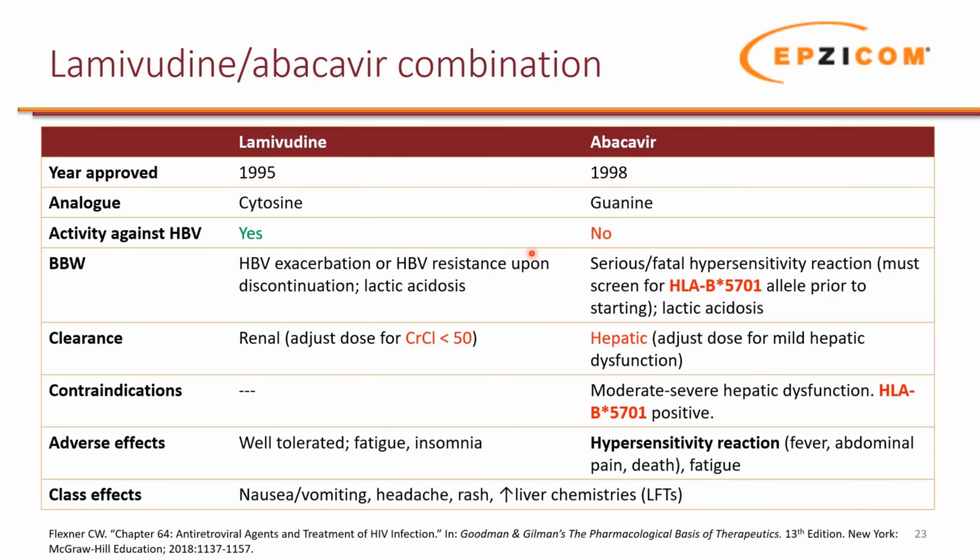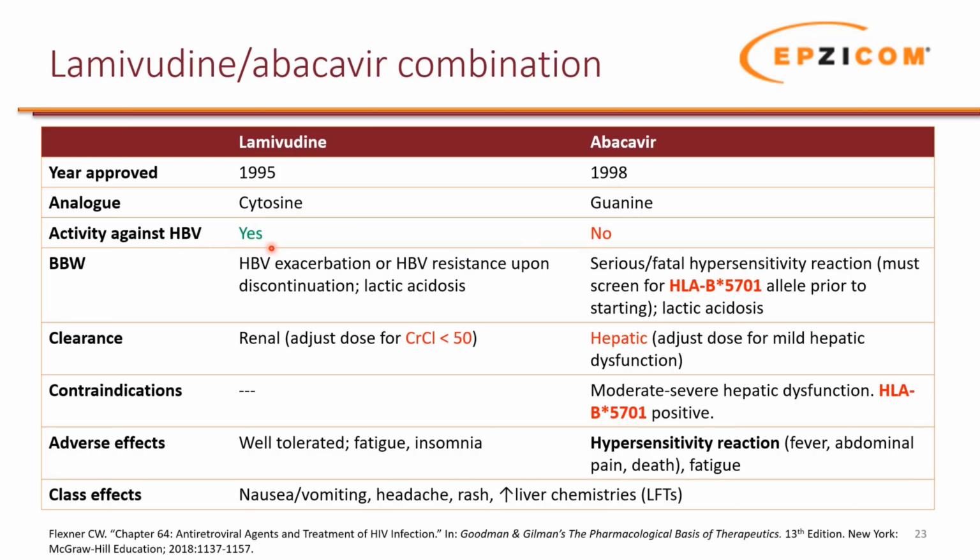Now, lamivudine and abacavir are 2 nukes that are commonly used in combination in Epzicom. So this would be 1 pill that would be used as a backbone. So if you are to use Epzicom as the backbone, you still need a third agent to go with it. Between lamivudine and abacavir, lamivudine also has activity against hepatitis B. Abacavir does not.